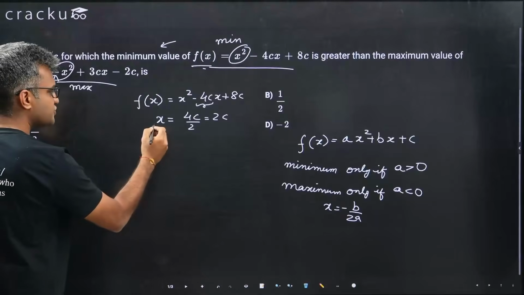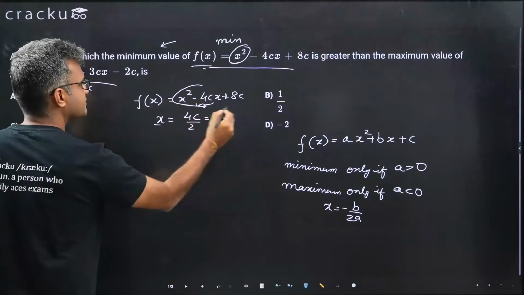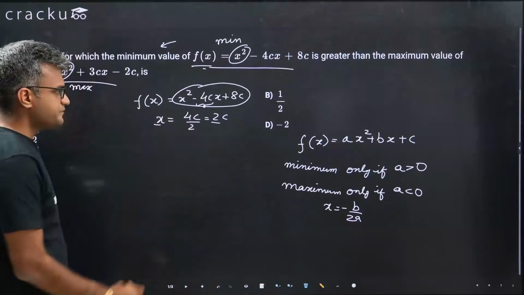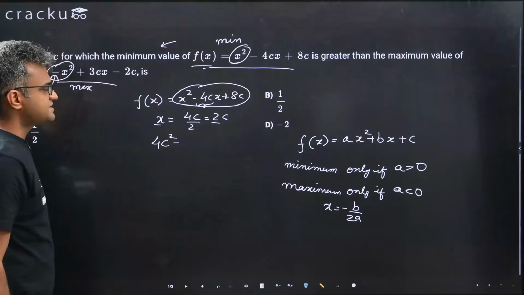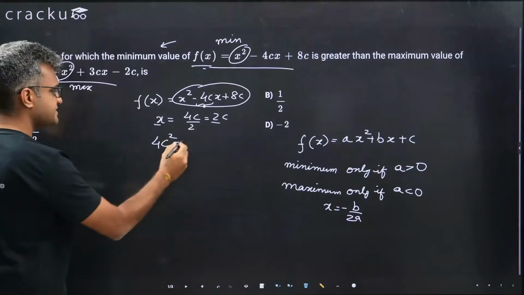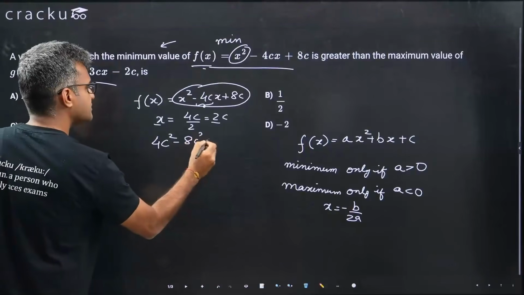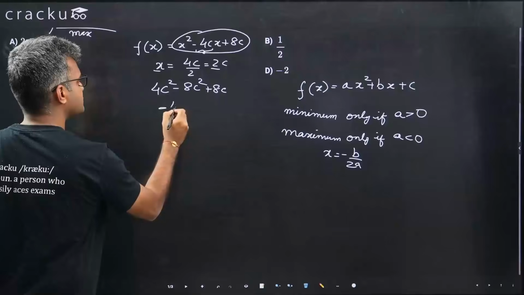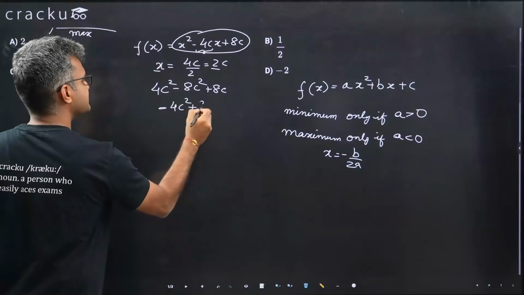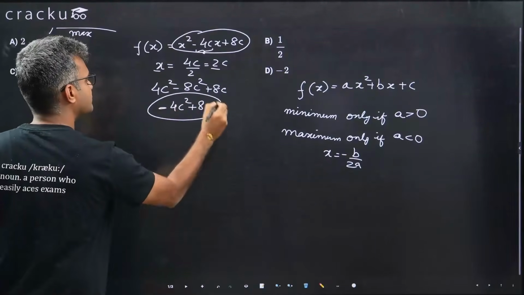For that, we will just substitute x is equal to 2c in this quadratic equation, which will be x square, which is 4c square, minus 4c into 2c, which is 8c square, plus 8c. So, the minimum value is minus 4c square plus 8c. This is the minimum value of f of x.